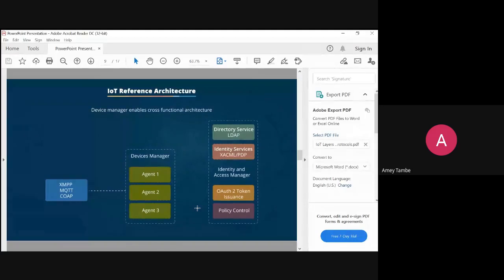Then we have authentication with two-token assurance or issuance. There is two-factor authentication, and even three-way authentication as well. There will be different types of authentication tokens generated by our system to validate a certain device and its certain information.